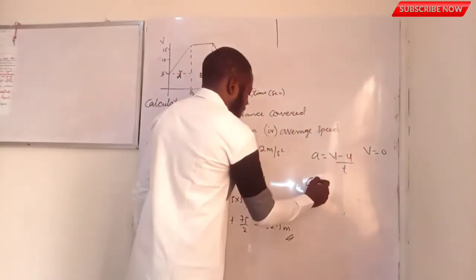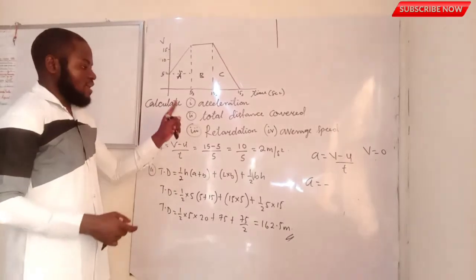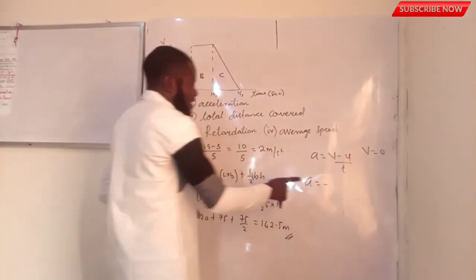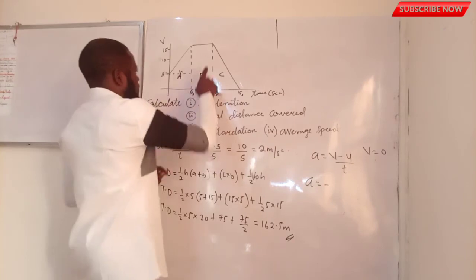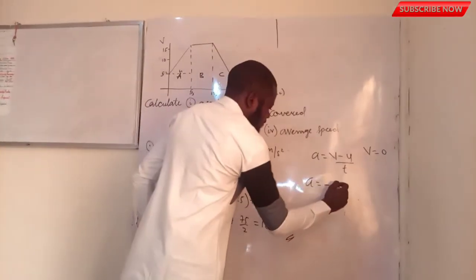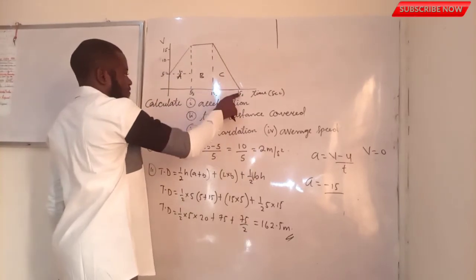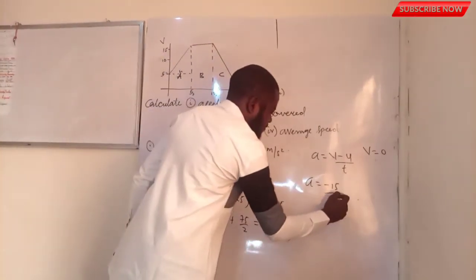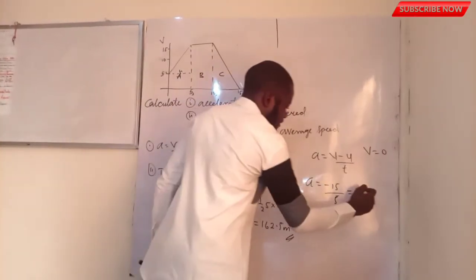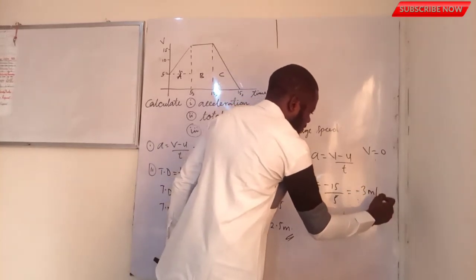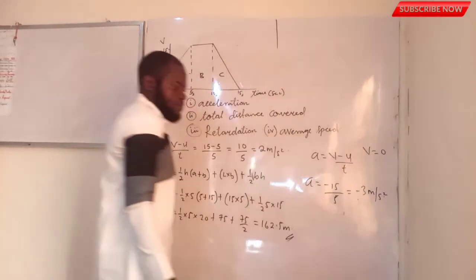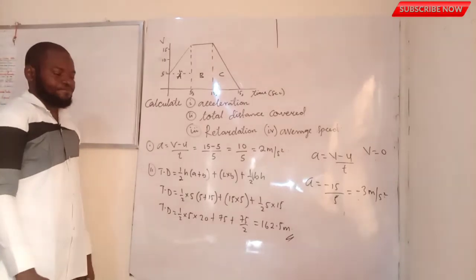So A now is going to be negative U, which is 15 all over 5, because the body starts retarding from here down to this side. That will give us negative 3 meters per second squared. So that is our retardation.